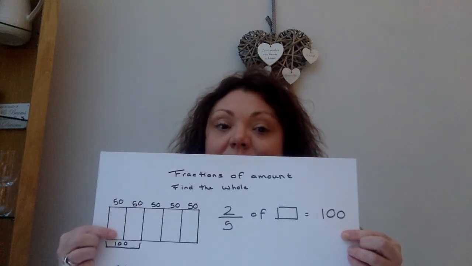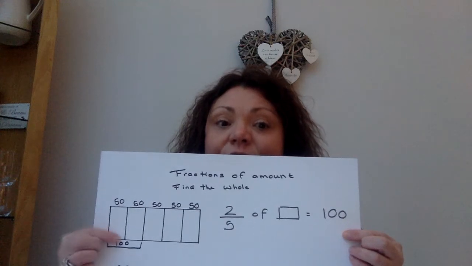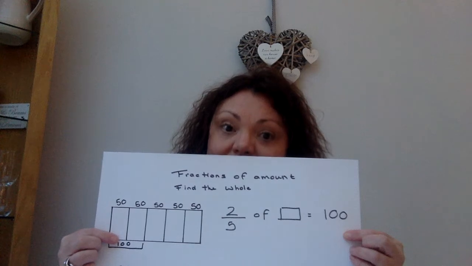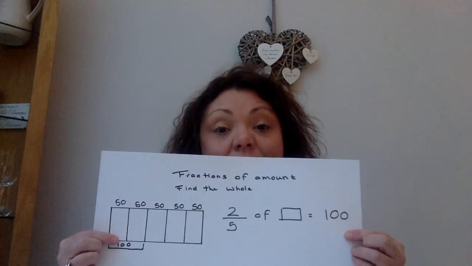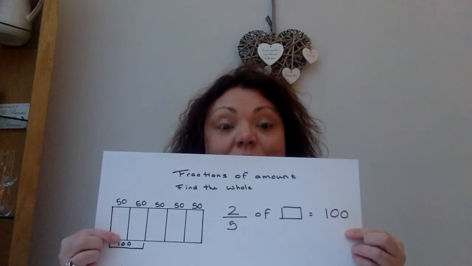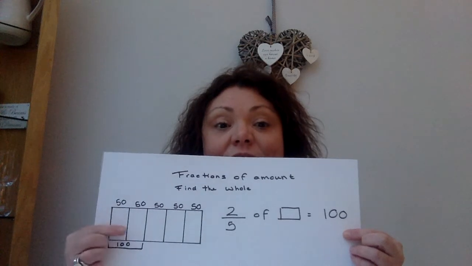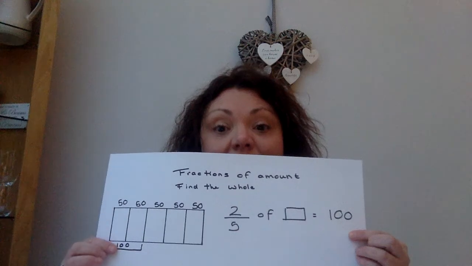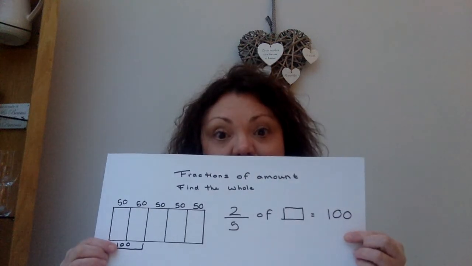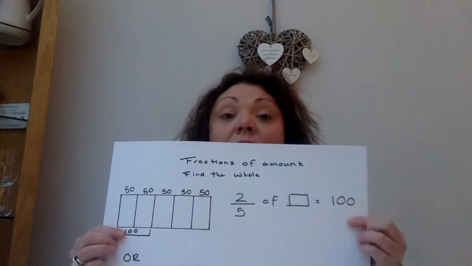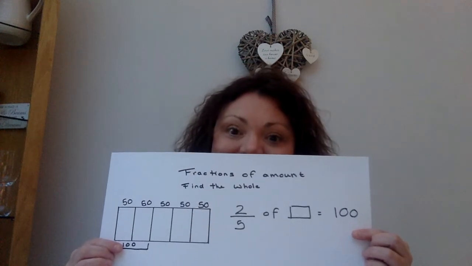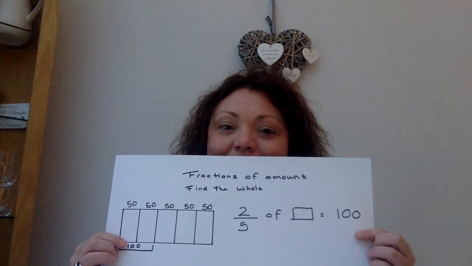So now what I'm doing is I'm looking at a fifth. So if 2/5 is 100, I know that 1/5 is going to be 50. And I know that each part of that bar model is going to be 50. So as you can see, I've labelled it 50, 50, 50, 50. And I've got 5 lots of 50. So if I times 50 by 5, or if I add 5 fifties, I will get my answer.